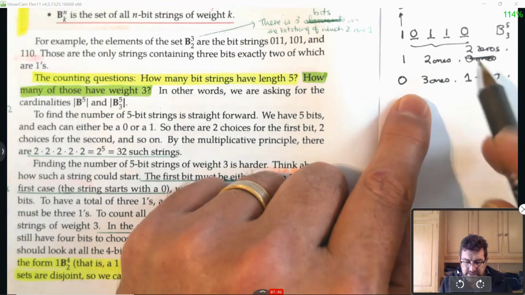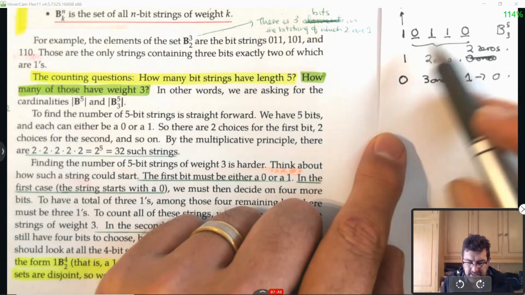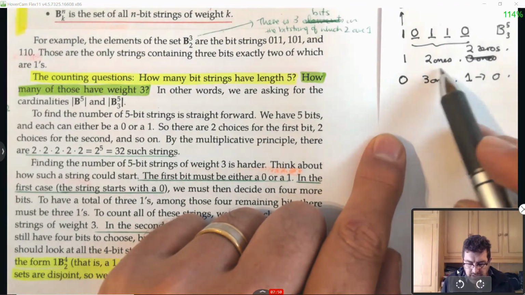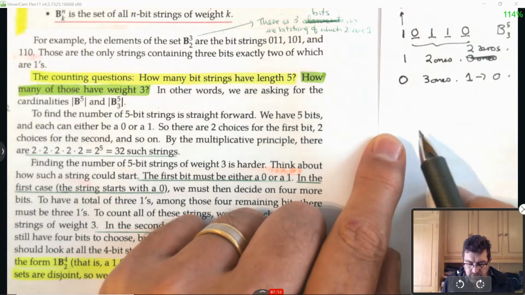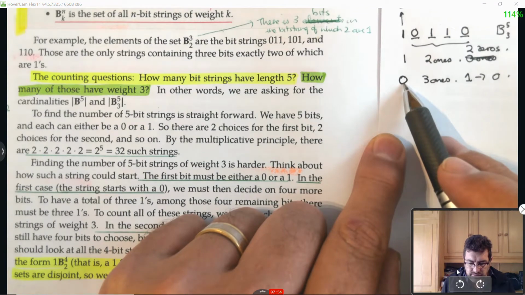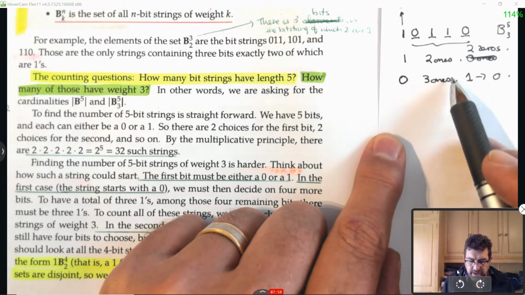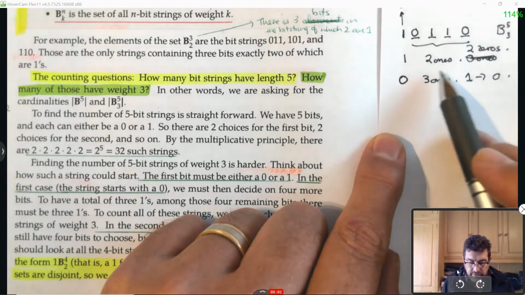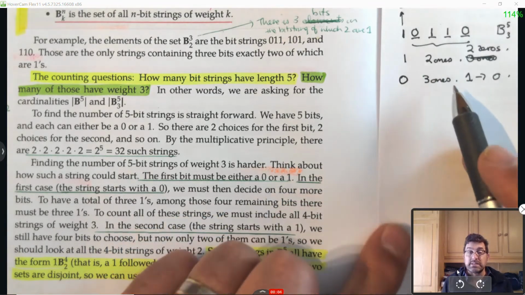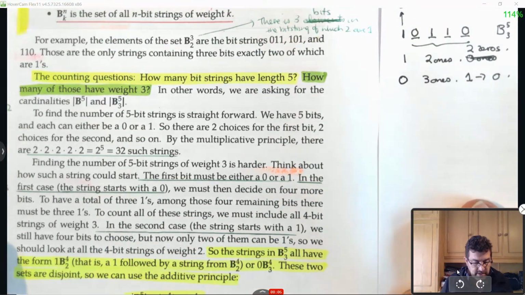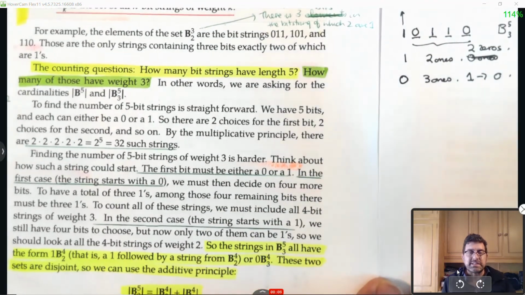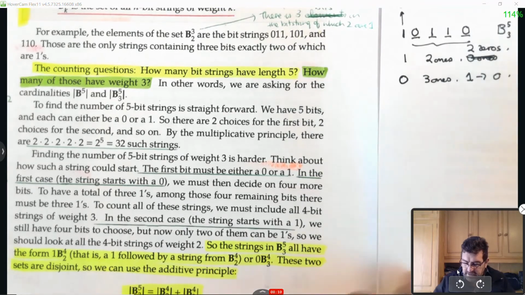So you can see there's something interesting happening here. I've got the 3 ones, I've got 2 zeros. If I chose a 0 here, I've got 1 zero left to place, but I still have 3 ones that I can place. So let's read through it and see how they explain this to us.